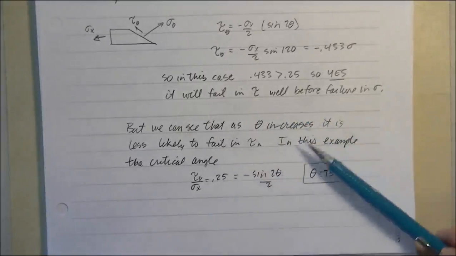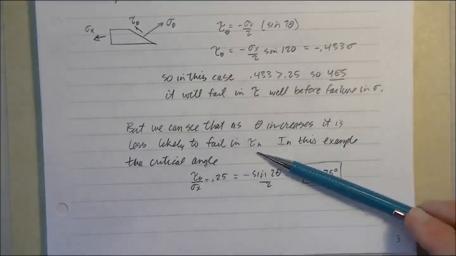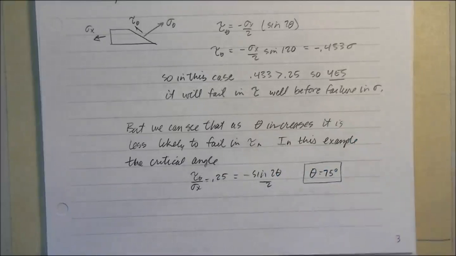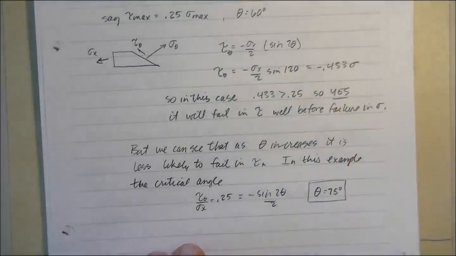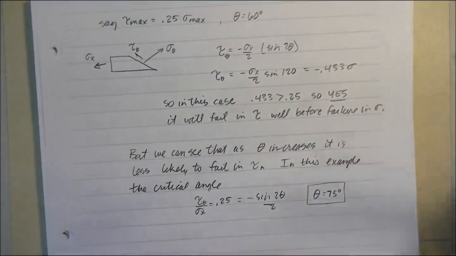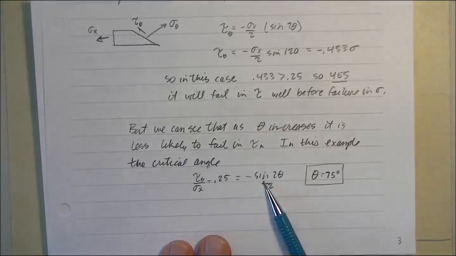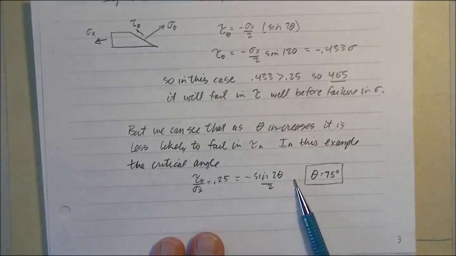But also we can see as theta increases, it is less likely to fail in shear. In this particular example where tau max is equal to 0.25 sigma max, our critical angle is found by plugging those things in, 0.25, and then just solving for the angle of minus 2 theta over 2. When you solve this thing, you get minus 15 degrees.